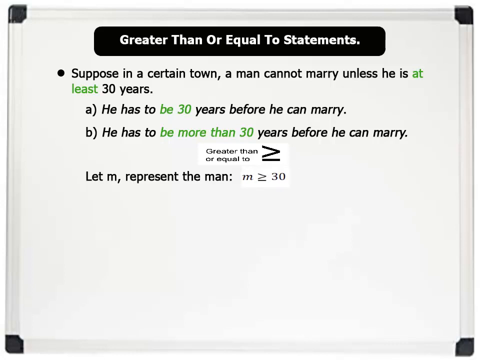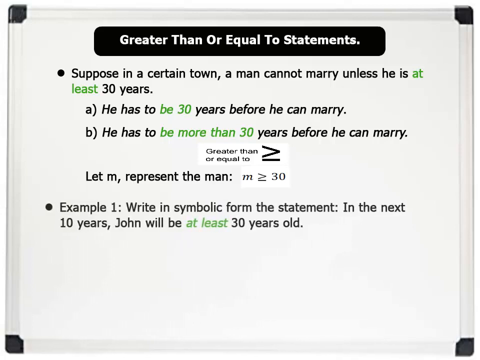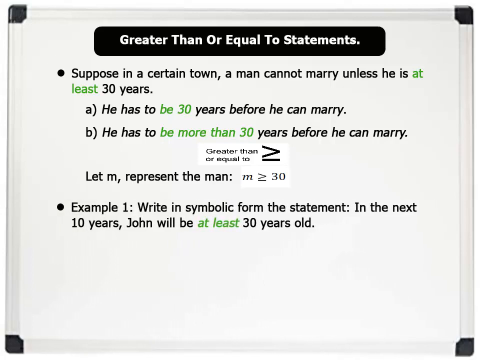Let us see another example. Example 1. Write in symbolic form the statement: In the next 10 years, John will be at least 30 years old. Solution. Let Y represent John's age now. Writing the two statements in symbols, we have A. Y plus 10 equals 30.